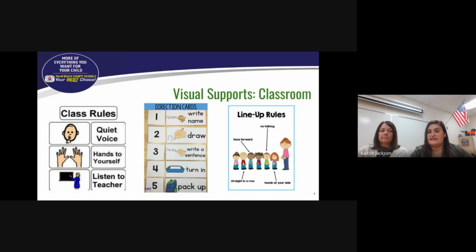The second one has the number, the words, and a visual picture too. This helps for steps so that students know what order to go in. The last one is lineup rules. It has the visual of the students lined up, and then the rules and information pointed to the students lined up and how they should be standing and following directions in line.